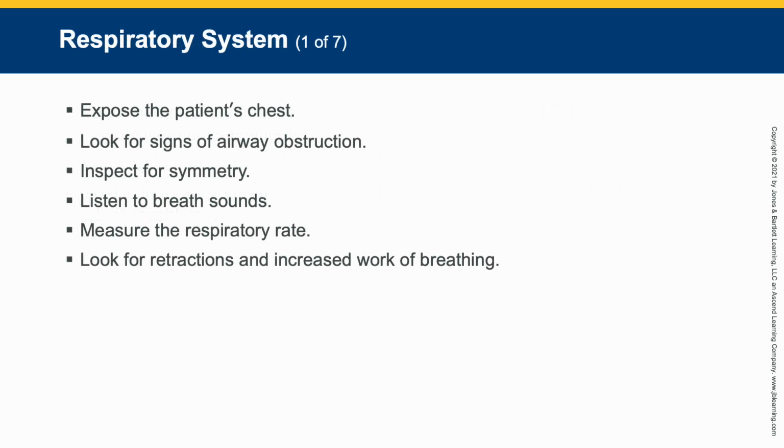Now, when a patient's chief complaint involves difficulty breathing, coughing, chest tightness, or maybe an abnormal lung sound, a focused assessment of the respiratory system is the primary concern and is essential. So you're going to begin by exposing the chest and looking for any asymmetry, any signs of trauma, any paradoxical movement.